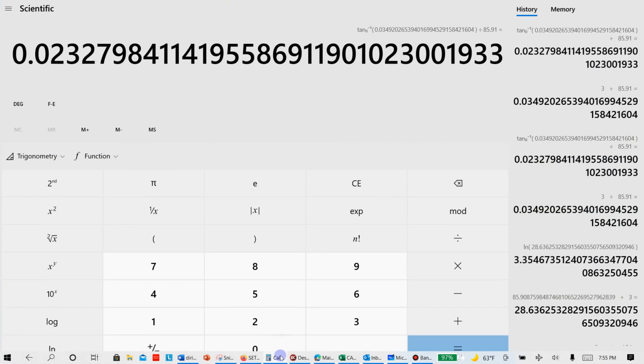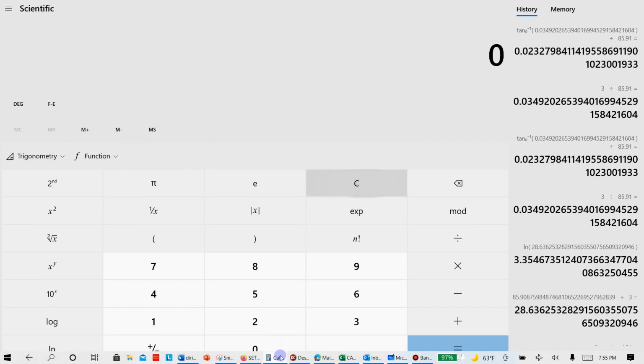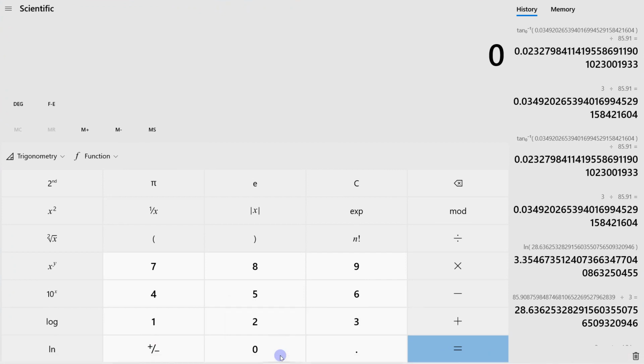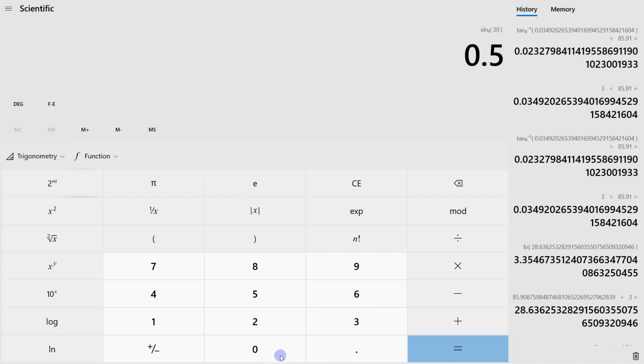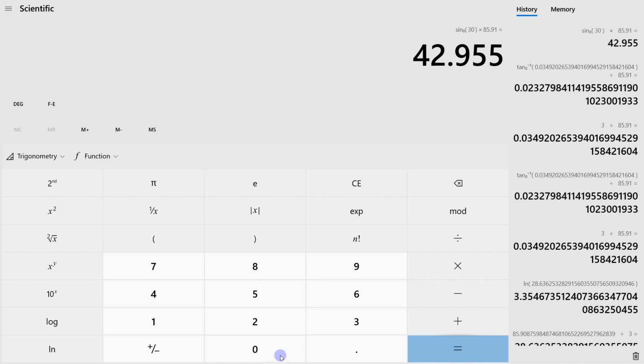Calculator, clear. You're going to go sine of 30 times 85.91 equals 42.95, 42.96.